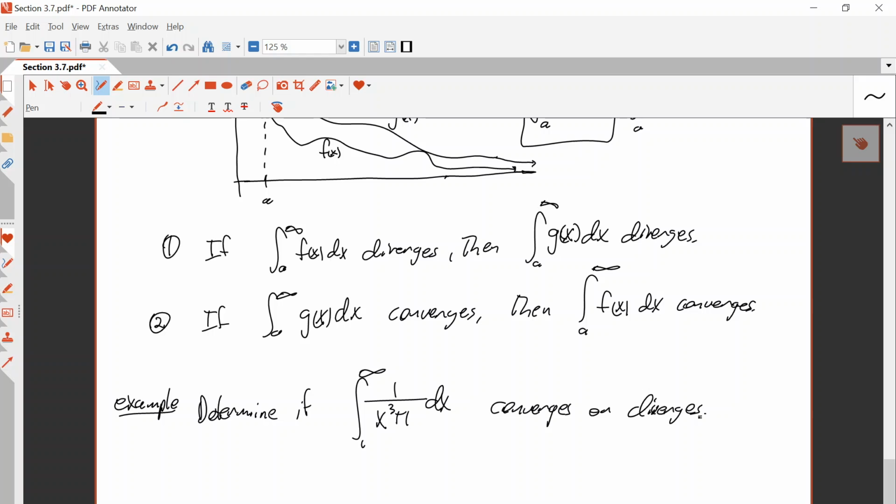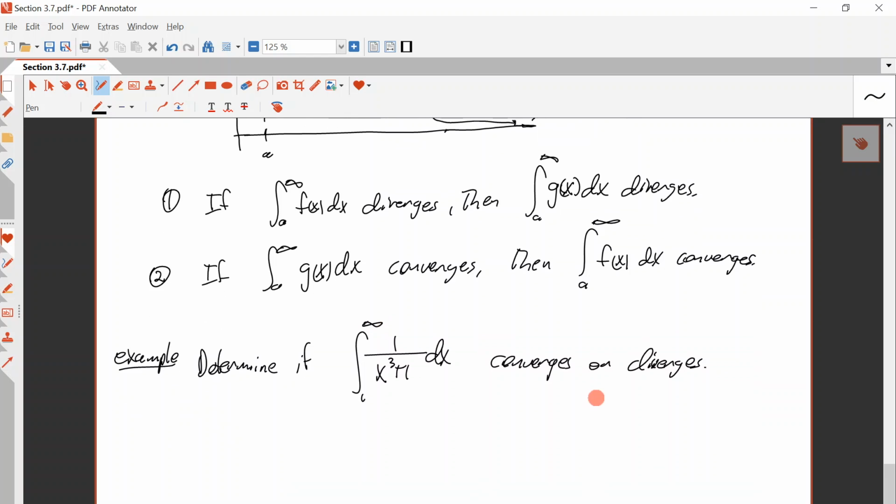Okay, we're not asking what it converges to. We're not asking to calculate it precisely. Just asking, does it converge or does it diverge? Well, certainly 1 over x to the third plus 1 is positive when x is positive, since we're doing x's from 1 to infinity.